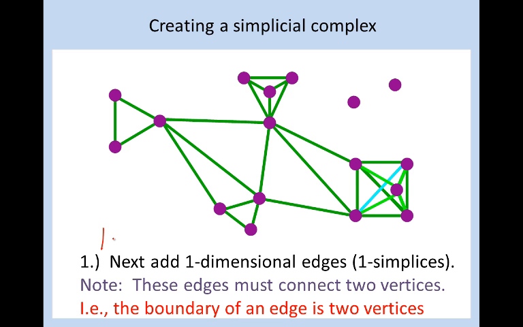I now have a one-dimensional simplicial complex. So in our step 1, we added one-dimensional, 1 simplices, where the boundary of an added edge went between a pair of vertices.